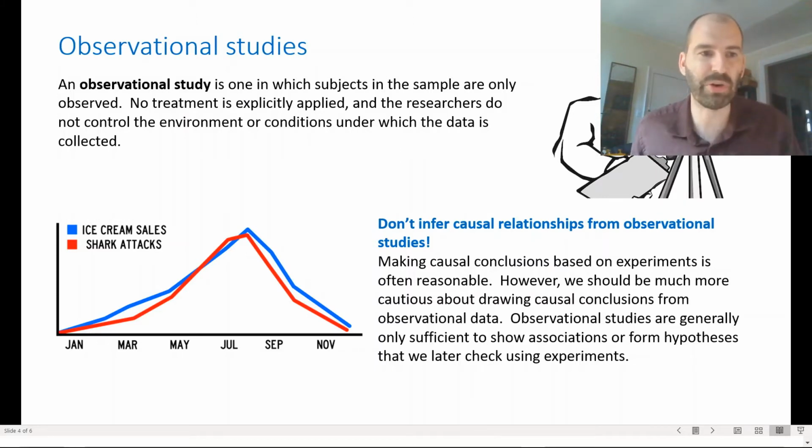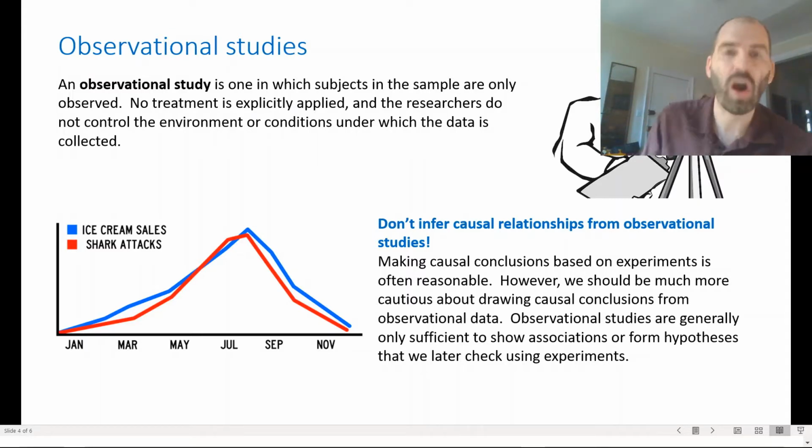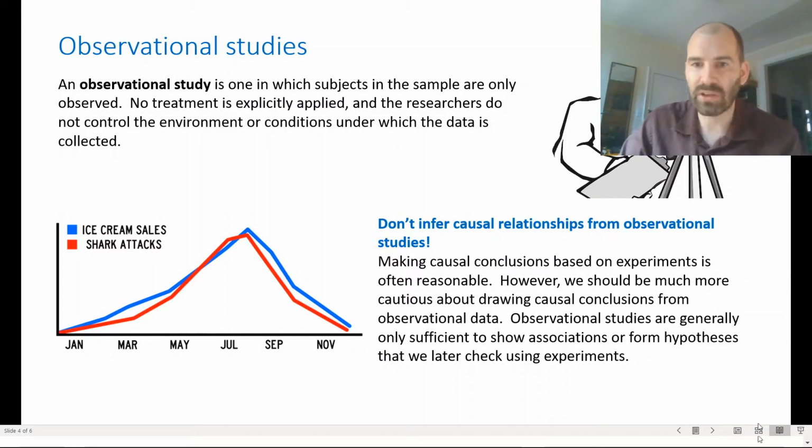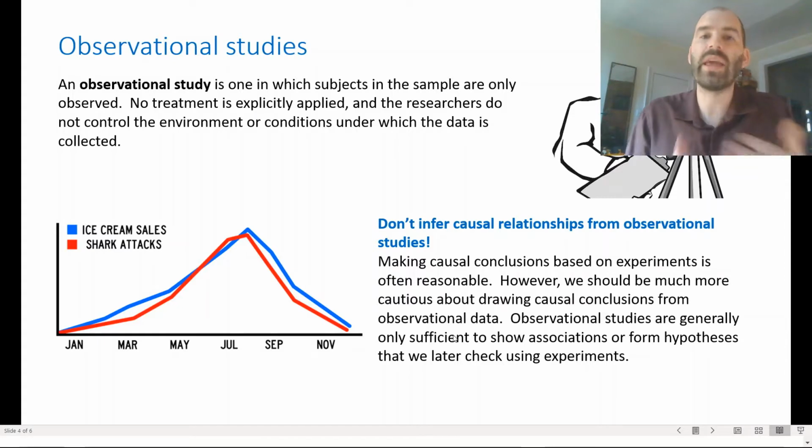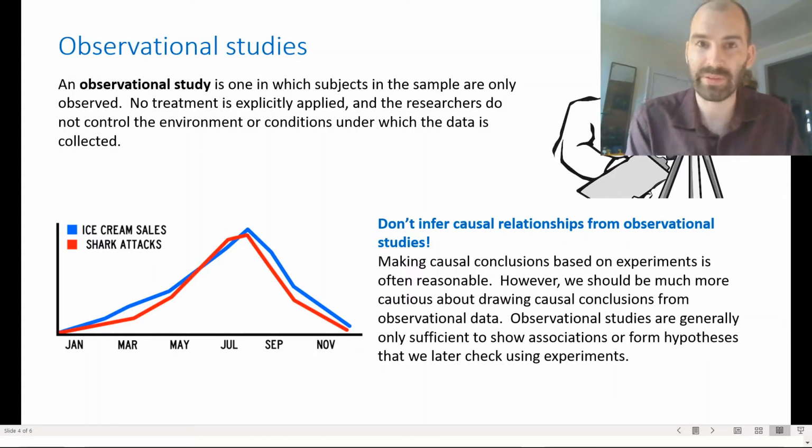I shouldn't infer that just because these variables are associated, I shouldn't infer that ice cream sales causes shark attacks. So making causal conclusions based on experiments is often reasonable. However, we should be more careful when drawing causal conclusions from observational data, which is what we have here. Observational studies are generally only sufficient to show associations or form hypotheses that we'd later check using an experiment.